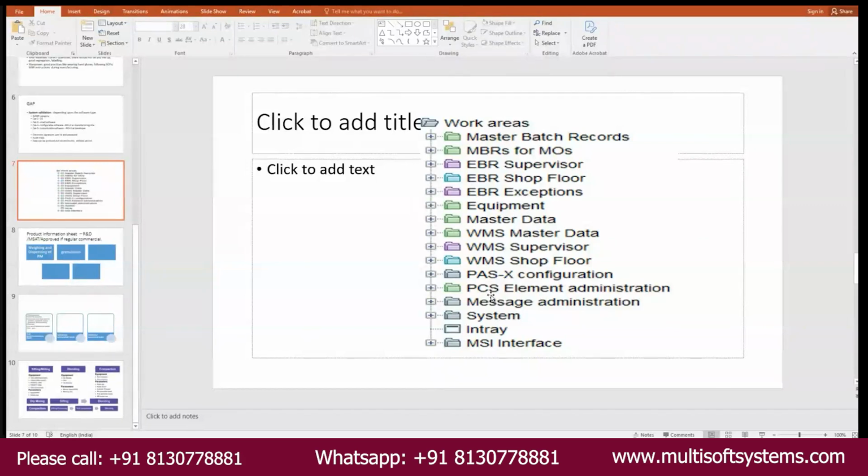We can connect PAS-X with various control systems like equipment, PLCs or SCADAs, OSIsoft and DeltaV. Any type of historians we can connect, and if you want real-time data, we can use the Kepware OPC servers to integrate it.